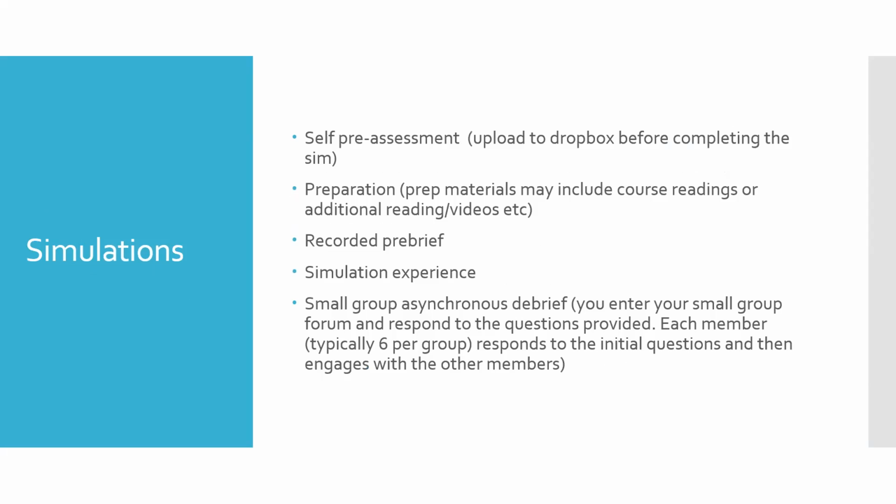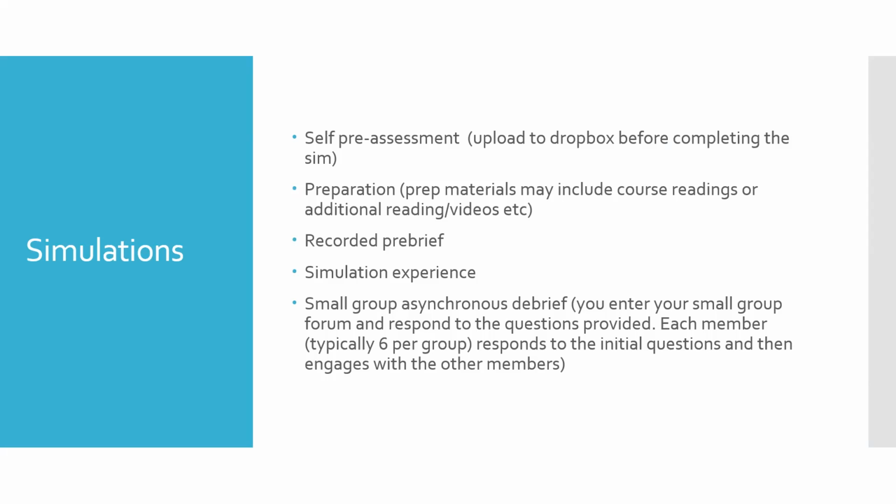Okay, so let's talk about the simulations. By now, all of you have done simulations in a variety of ways. And there's a variety of components, and they're all essential in order to complete the simulation. You need to do a self pre-assessment. It's just a very simple document that asks you to consider what would be competent, marginally competent, or not competent in a variety of objectives related to the simulation.